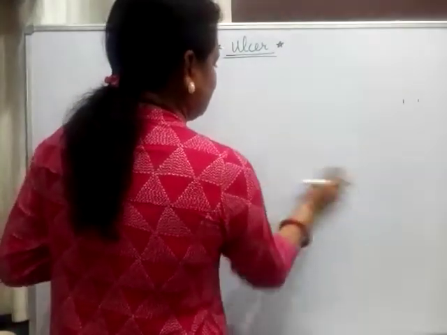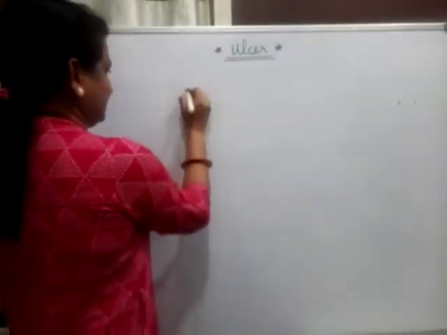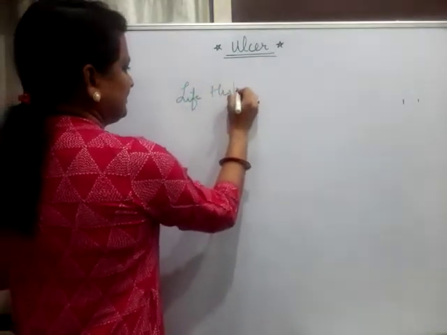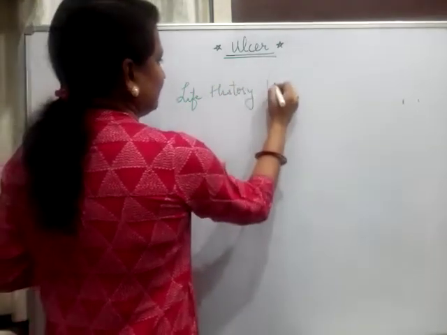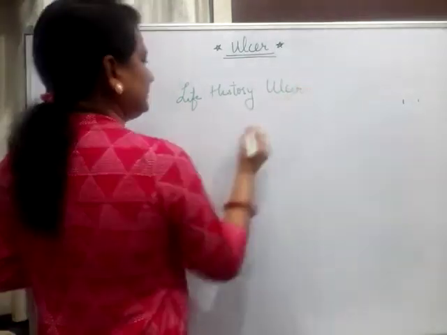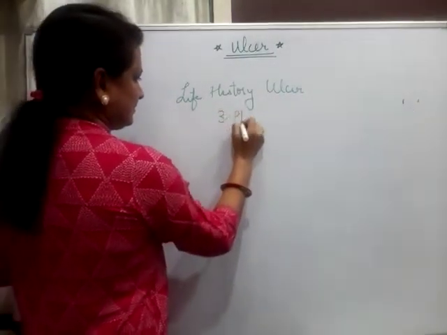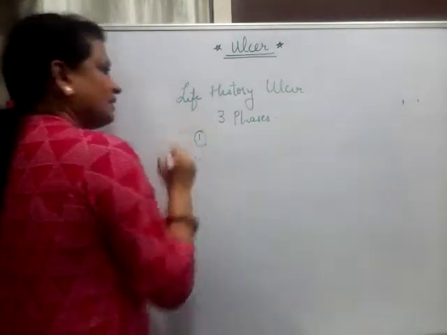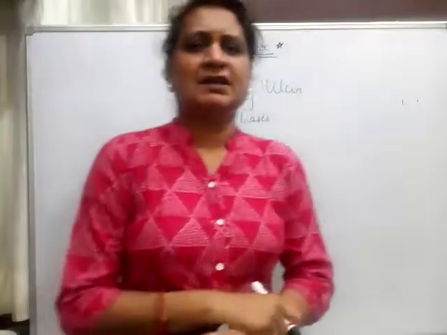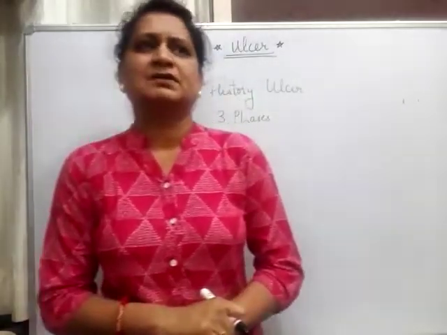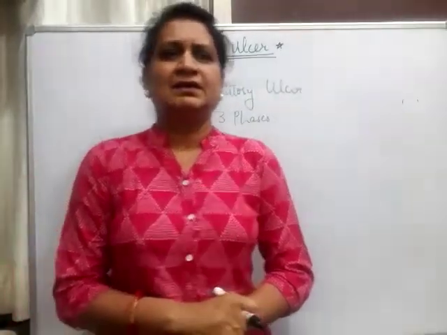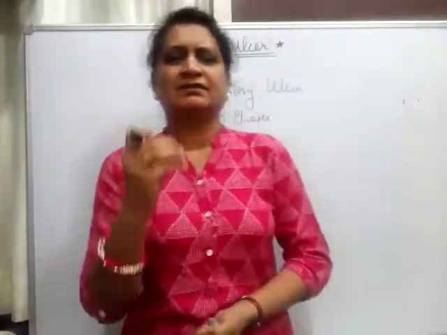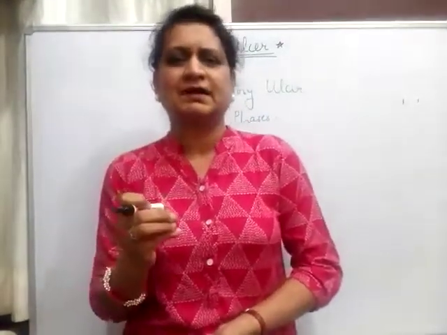Now coming on to life history of an ulcer. Life history of an ulcer can be studied in 3 phases. The first one is the stage of extension or spreading. In this, the floor of the ulcer, which we are seeing from above, is covered with slough, that is dirty material.